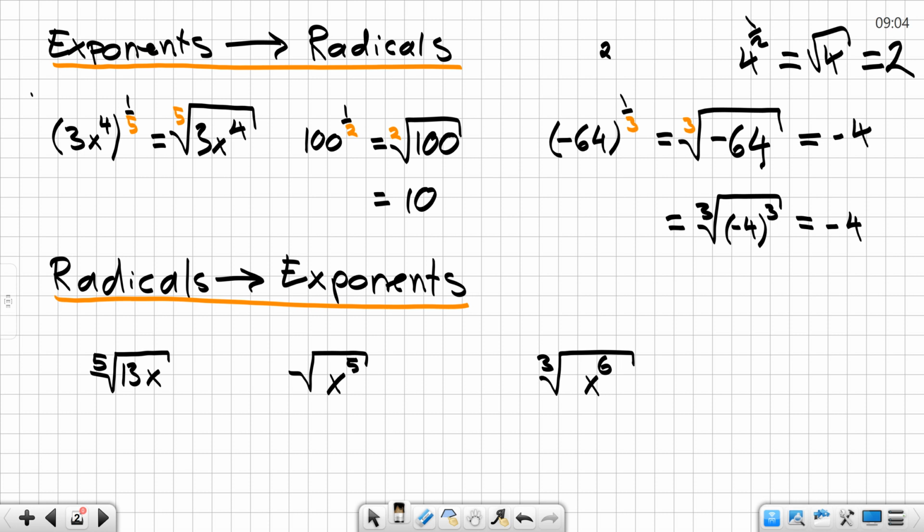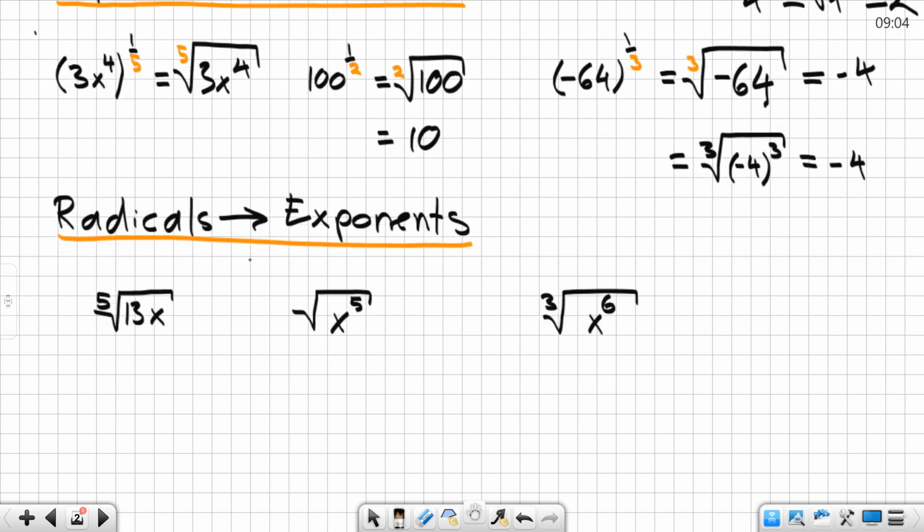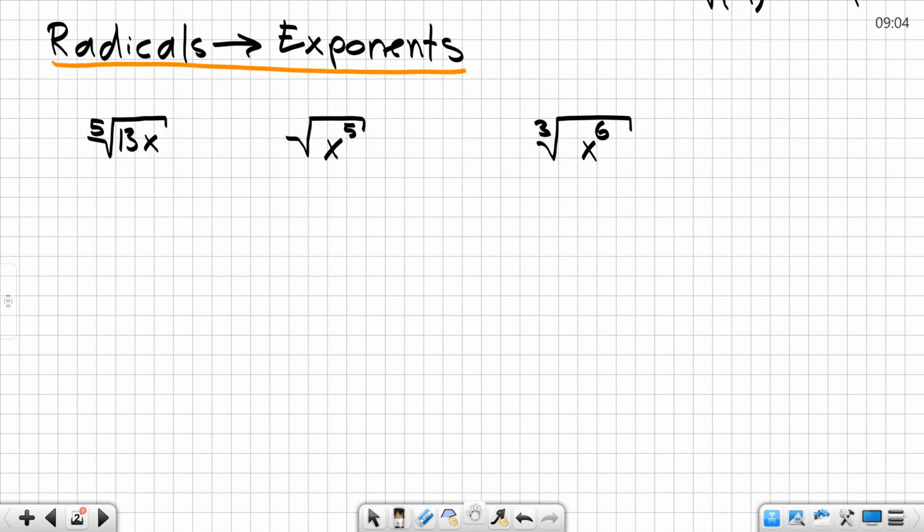All right. Now let's go in the other direction. Let's go and write something with a rational exponent that had a radical sign to begin with.